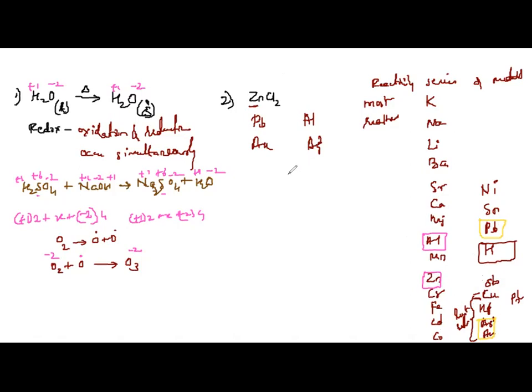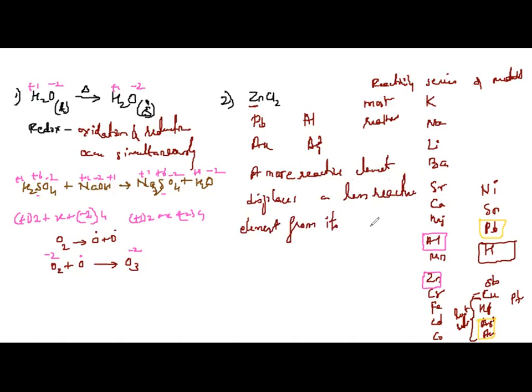So what I said in metal displacement, a more reactive element displaces a less reactive element from its solution. Yes, from its solution. So only a more reactive element displaces a less reactive element from its solution.